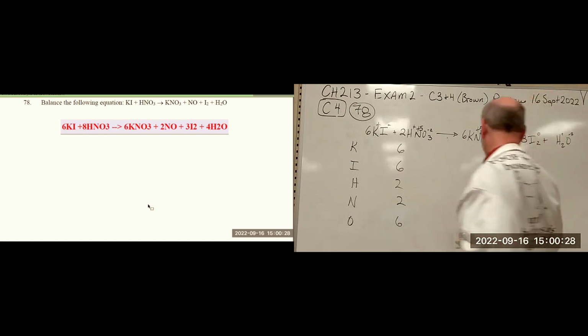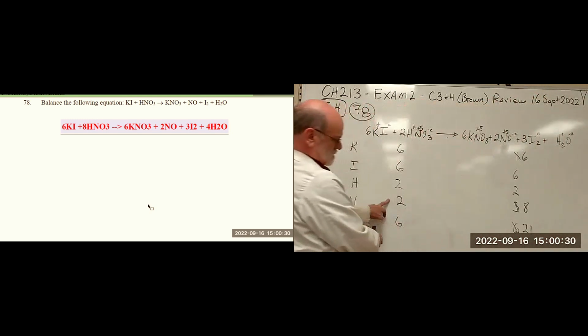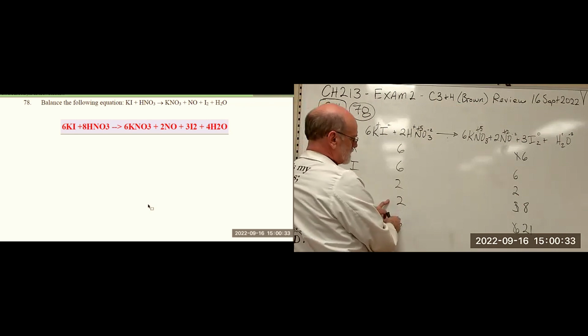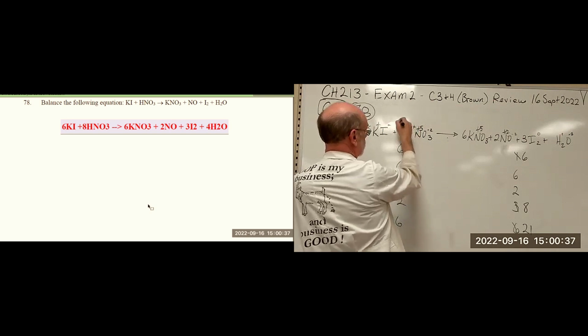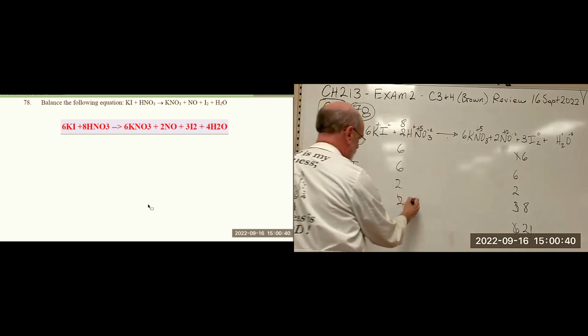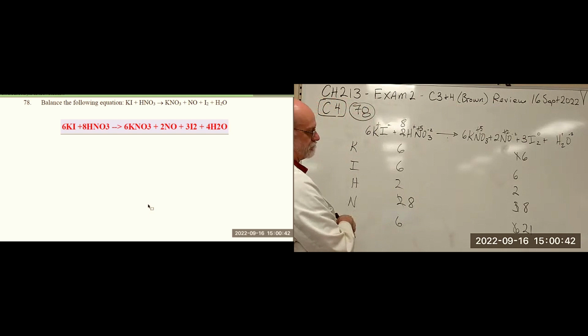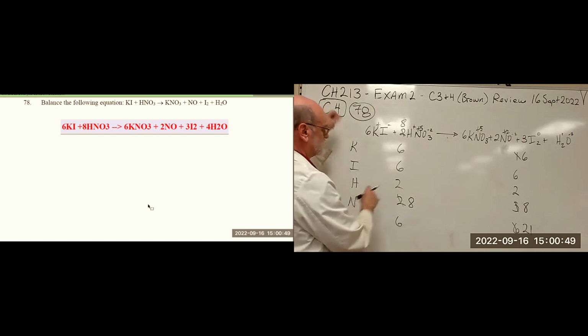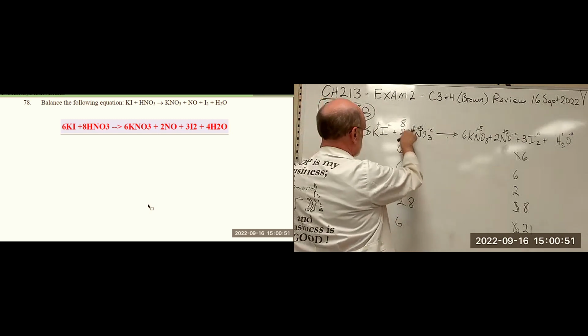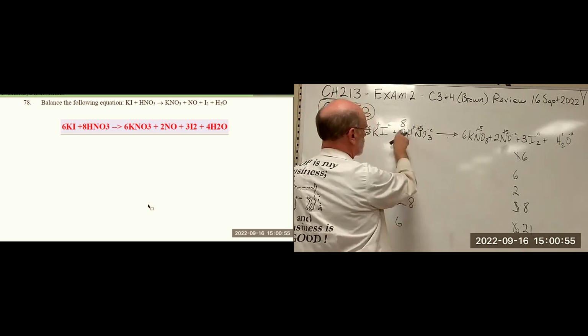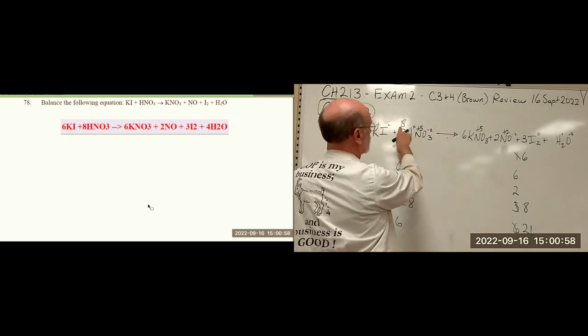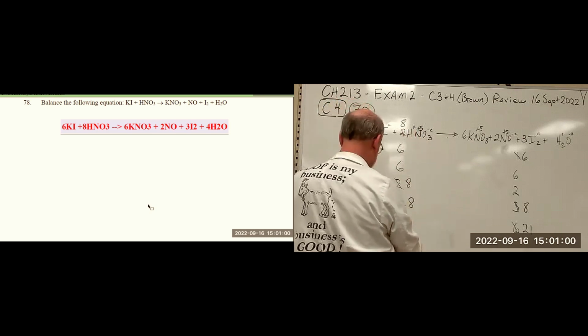How about nitrogens on this side? So if we need 8 nitrogens over here, I got to put an 8, don't I? Yeah. So that makes 8 hydrogens. And it makes 8 nitrogens. And it makes 3 times 8 is 24 oxygens.